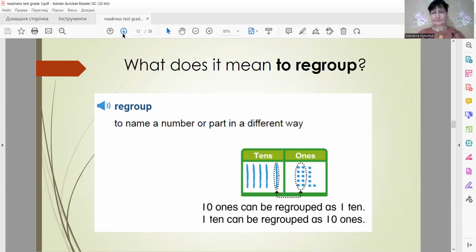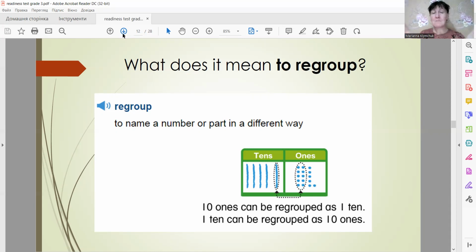Okay, so sometimes in some tasks we will see the word regroup. I was teaching the students that when you see the word regroup, that means that we are talking about borrowing. When we don't have enough to subtract, we need to borrow.